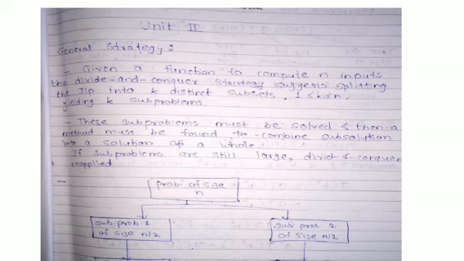So we divide the entire problem into sub problems. These sub problems must be solved, and then a method must be found to combine the solutions into a solution as a whole. If sub problems are still large, divide and conquer should be applied again.